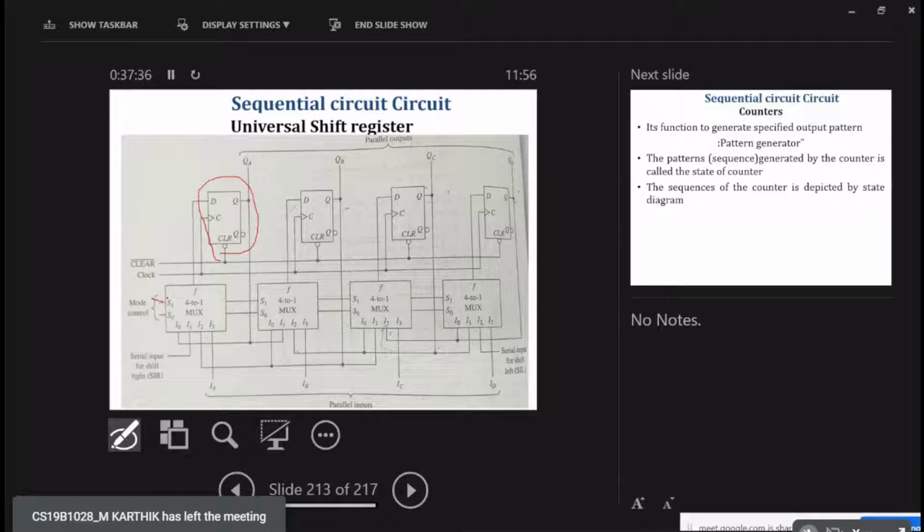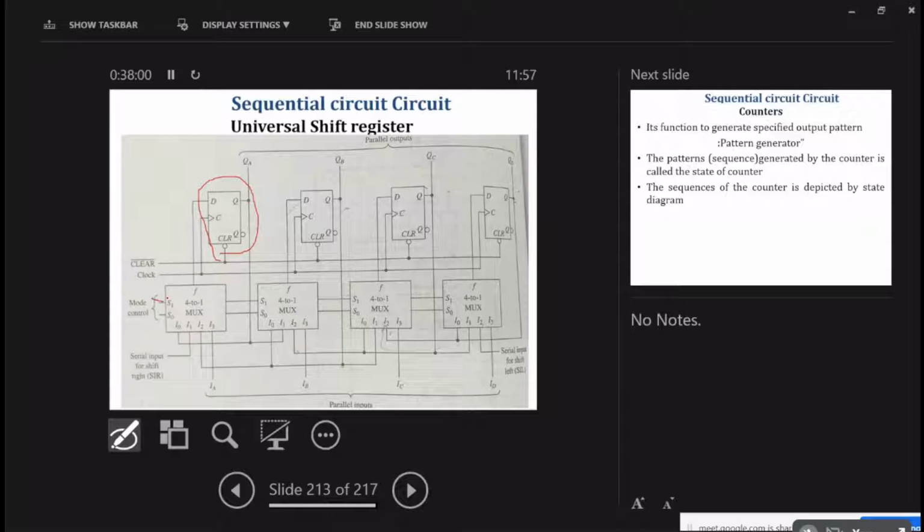Sometimes we need to hold the data for a longer period. To do so, we have this universal shift register. According to the mode control pins, it can hold data for a certain number of clock pulses, because the clock signal is connected commonly to each flip flop.